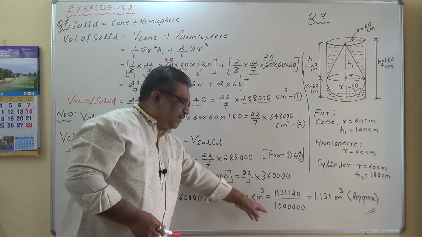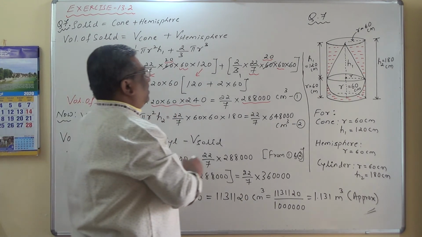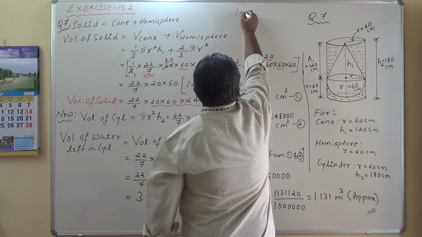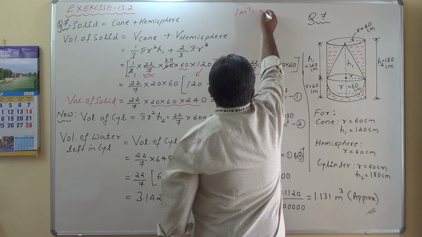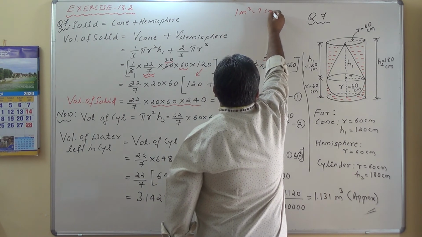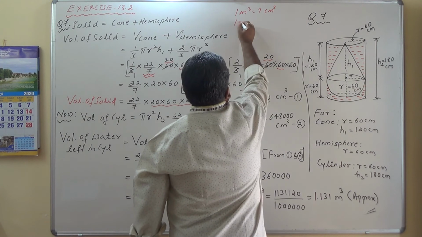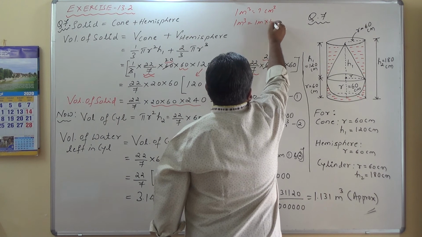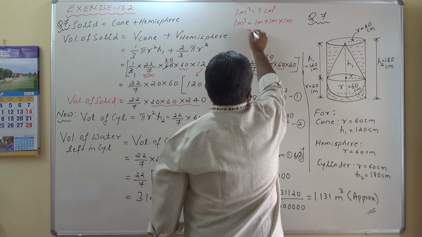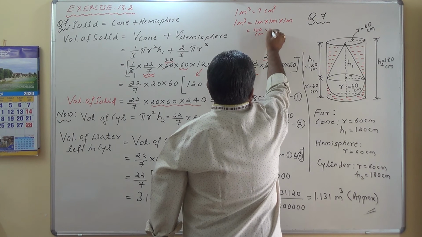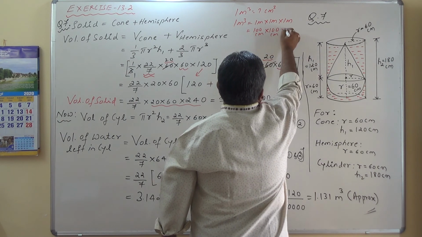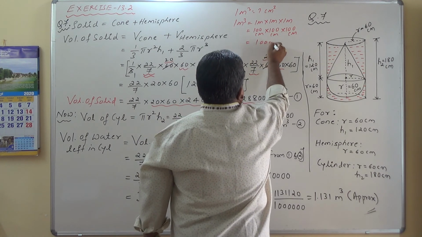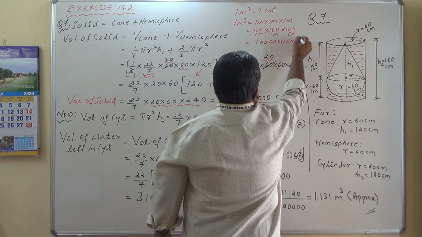I hope you are able to understand this conversion factor. See here, the conversion factor is, let us see, 1 cubic meter is equal to how many cubic centimeters? Let us convert. So 1 cubic meter is equal to 1 meter into 1 meter into 1 meter, which is 100 centimeter into 100 centimeter into 100 centimeter, which is after 2 zeros, another 2 zeros, another 2 zeros, cubic centimeter.